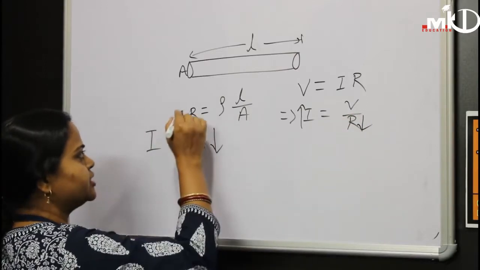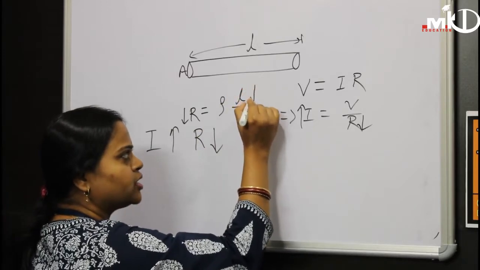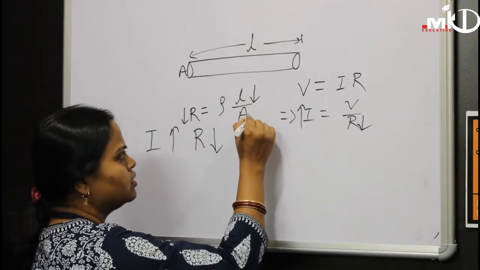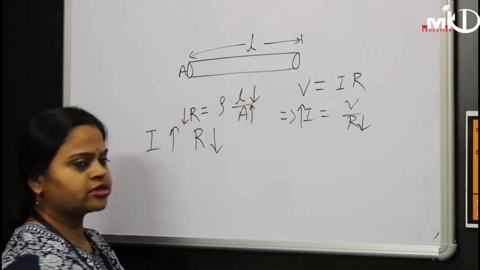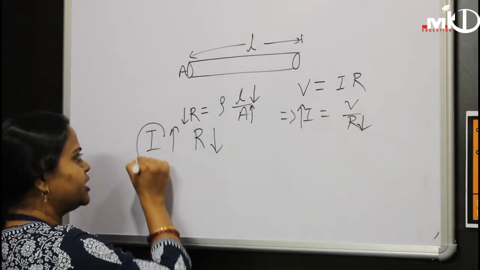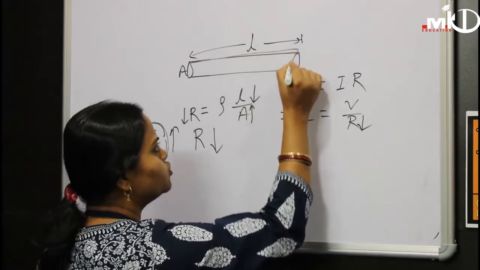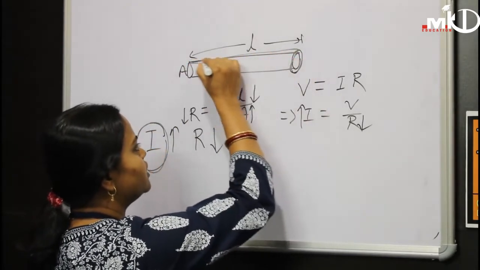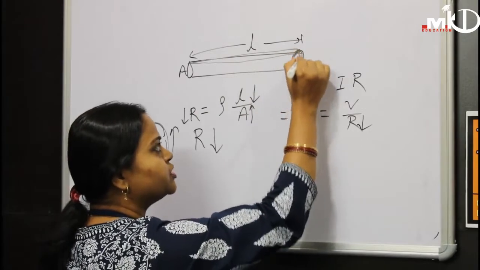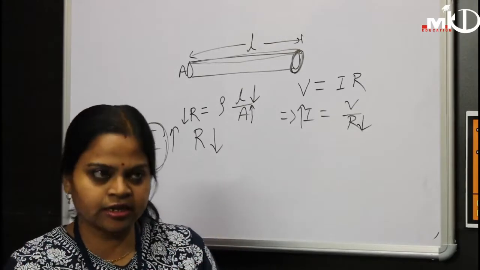If R decreases, the length of the conductor will decrease and the cross-sectional area will increase. That means where maximum current is required, the length of the wire must be less and the cross-sectional area must be more. The wire must be thick.